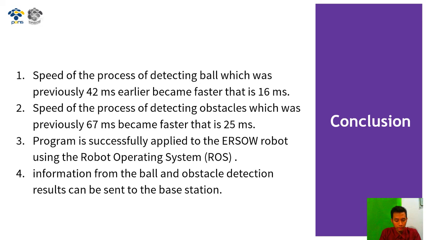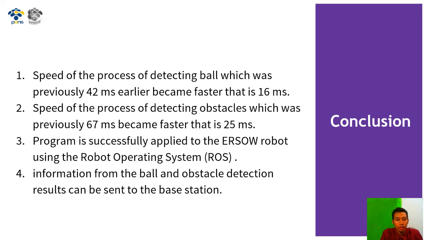So the conclusion is, based on the results of tests and analysis that have been done, it can be concluded that the speed of the process of ball detection, which was previously 42 milliseconds, became faster. This is 17 or 16 milliseconds.